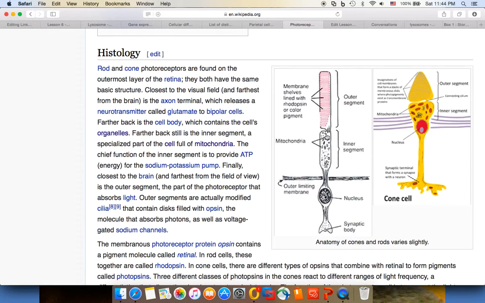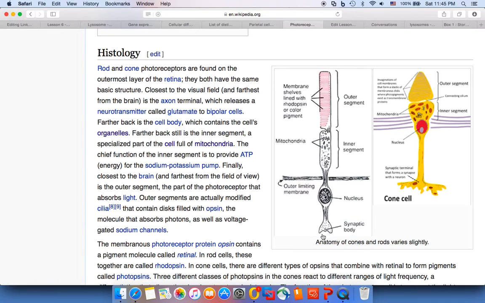Then here you have the cell part, and it has its mitochondria and the cytosol, and then it goes through a membrane of the retina. The nucleus is on the other side of that membrane, and then there's a foot of the cone cell that is a synaptic body.